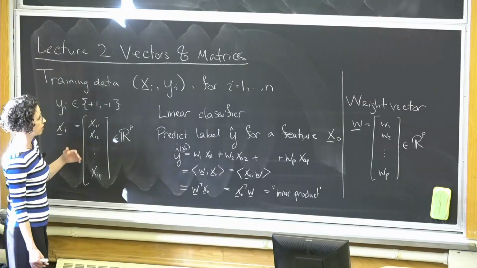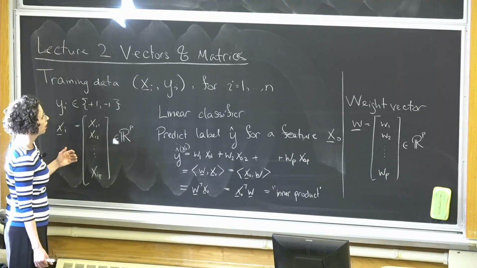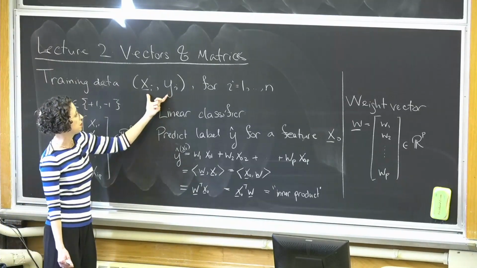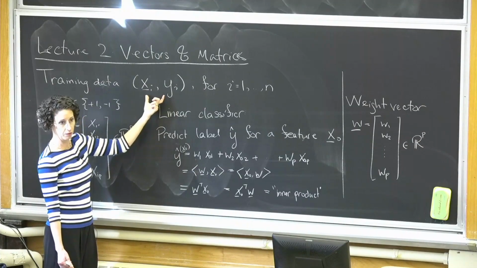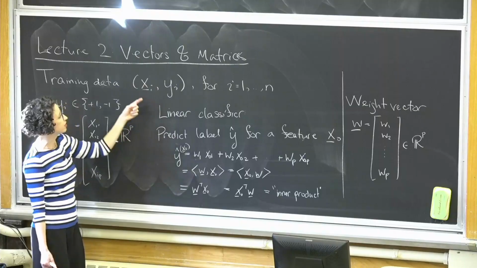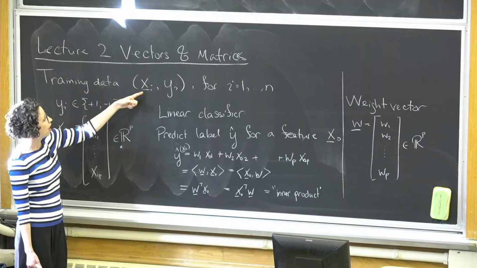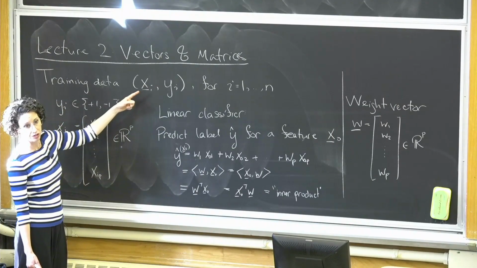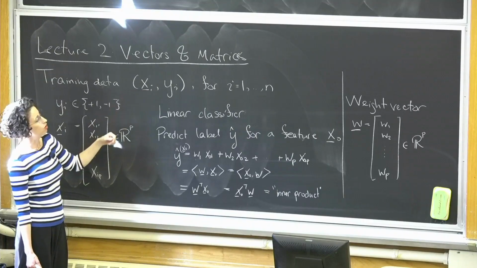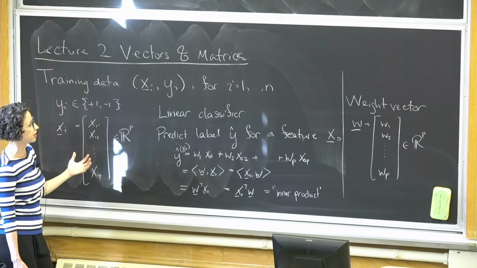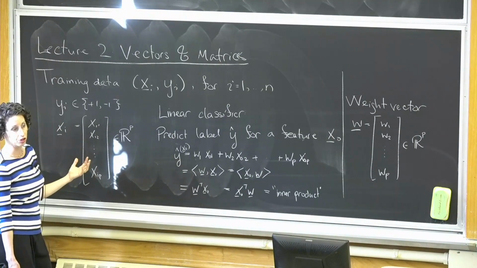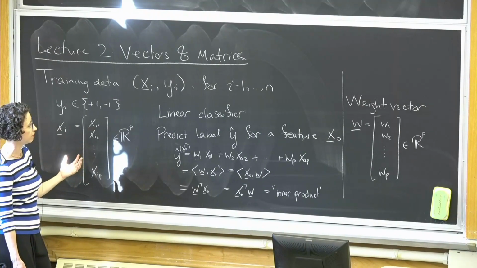So when I talk about samples versus features, I think of each one of these pairs, xi, yi, as being one training sample. And then I say for that training sample, I have p different features of that sample. So we talked last time about this problem of taking an image and determining whether the face was smiling or not.